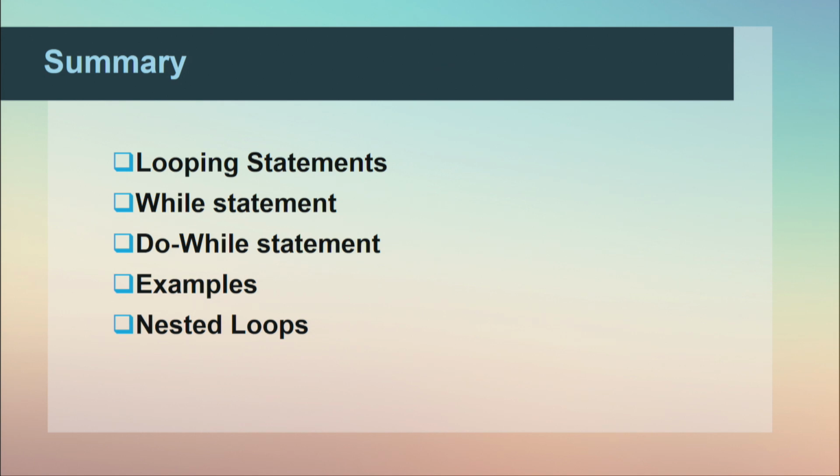We have learnt that in the do while statement, the body of the loop will be executed at least once irrespective of its condition, and also we have learnt a few examples related to while as well as do while statements. Also in this session we have learnt the use of nested loop statements and how the nested while statement helps us execute the number of iterations according to the set conditions. Thank you so much for listening to this session.